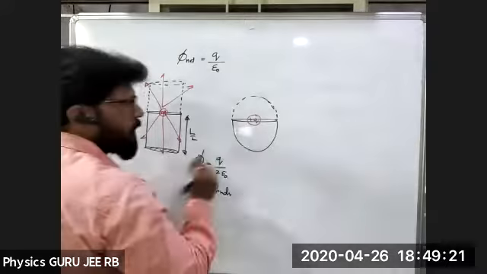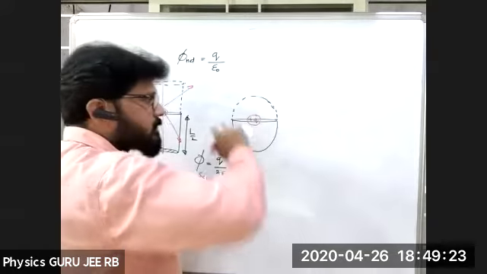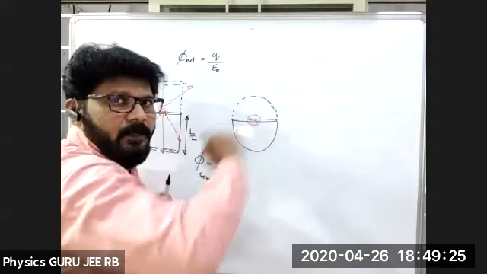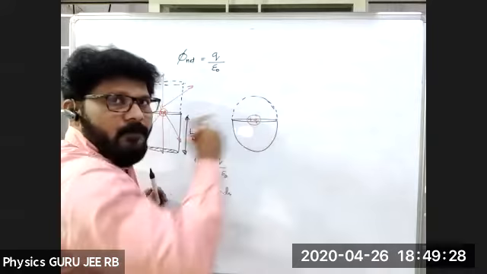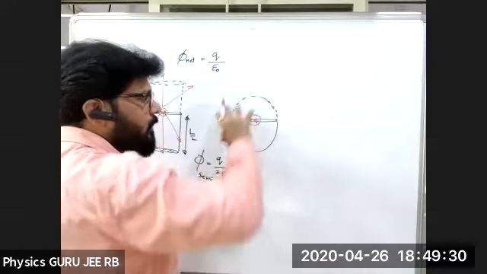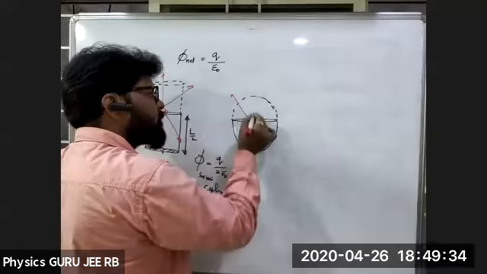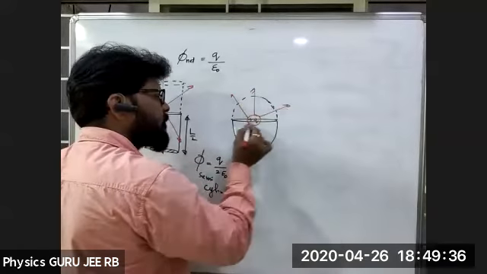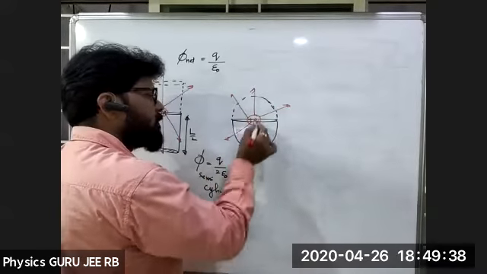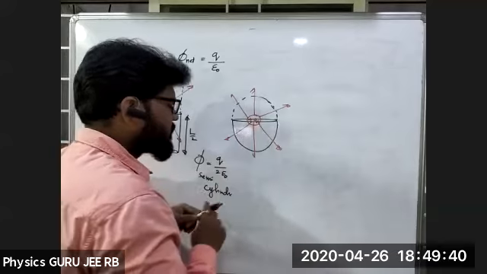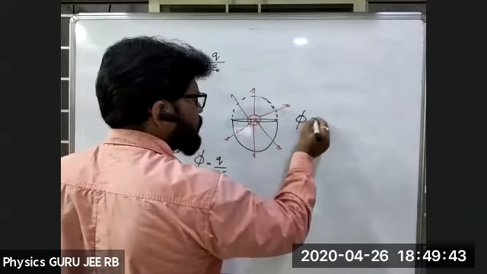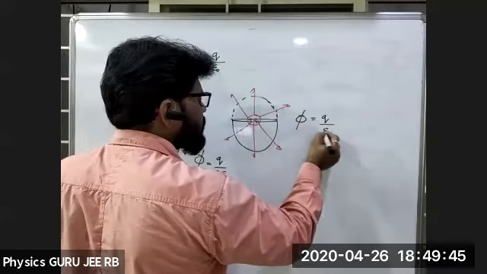In the same manner for this one, I just constructed the remaining half of the sphere, so now it looks like a sphere. As it is a closed 3D surface, the flux linked with it, phi, is equal to Q by epsilon naught.